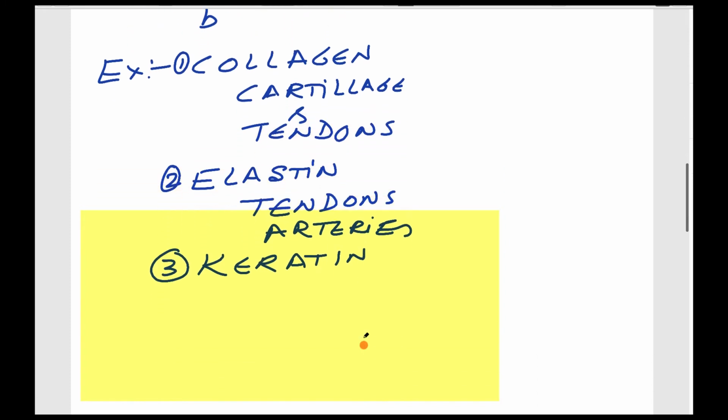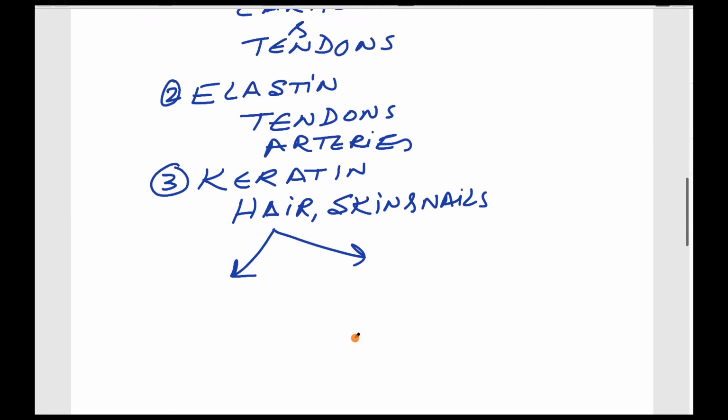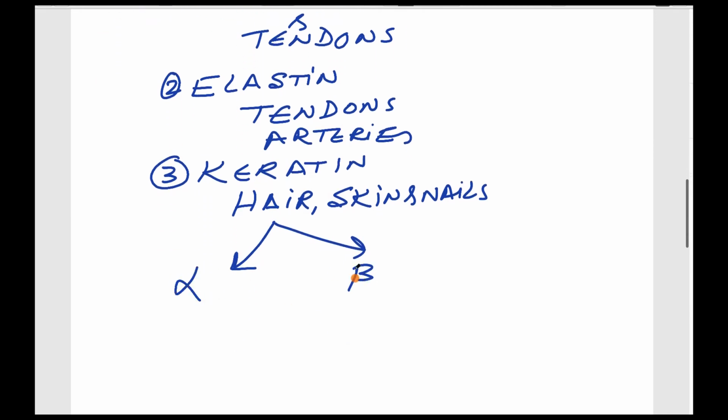Keratin is present in hair, skin, and nails. There are two types of keratins: alpha keratins and beta keratins. Alpha keratins are present in mammals, and beta keratins are present in feathers.